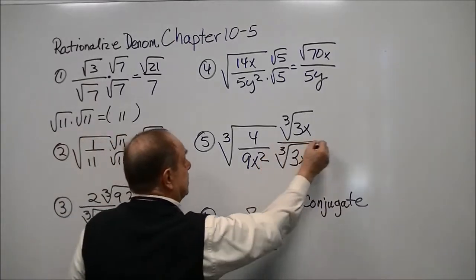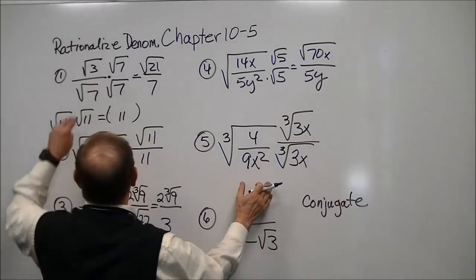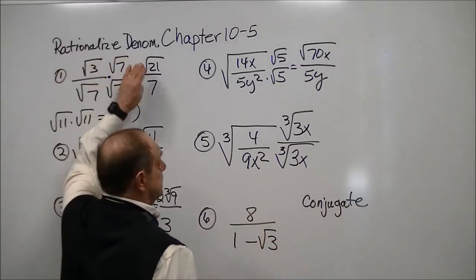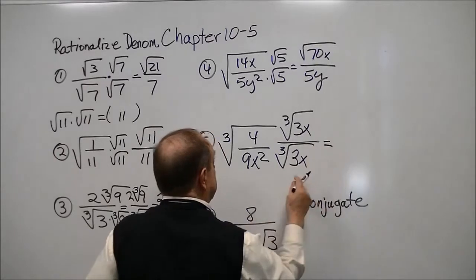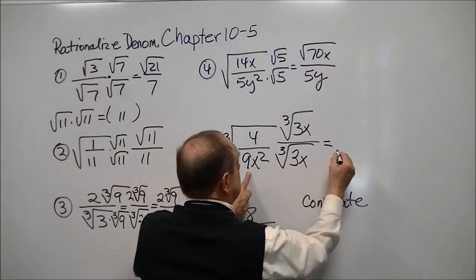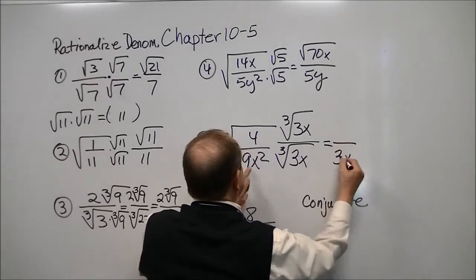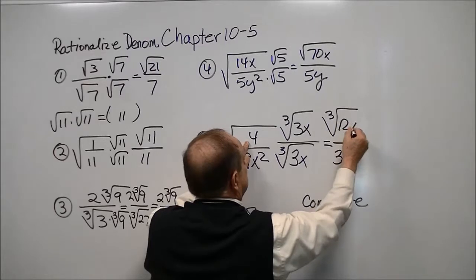So again, we're multiplying something by 1 in the form of something that will rationalize the denominator. So this is going to become 27x cubed. Cube root of that is 3x. And then this becomes the third root of 12x.